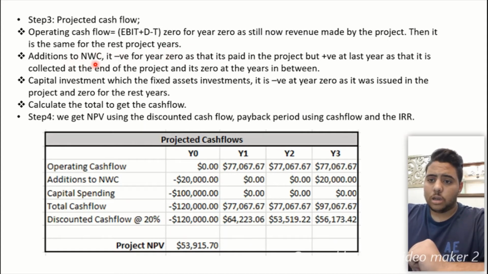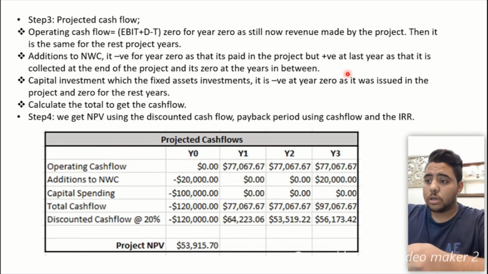Additional net working capital is negative for year zero, because it's paid into the project.